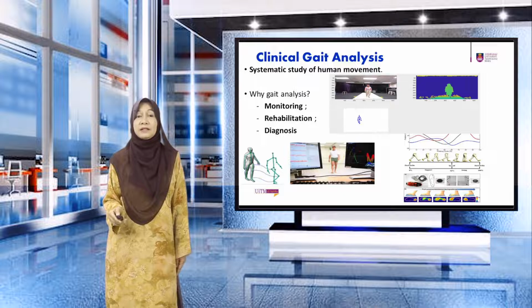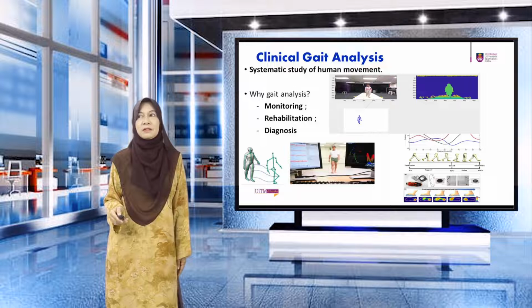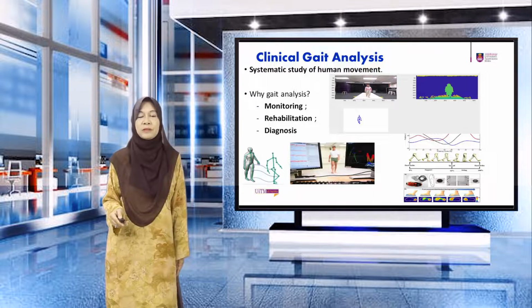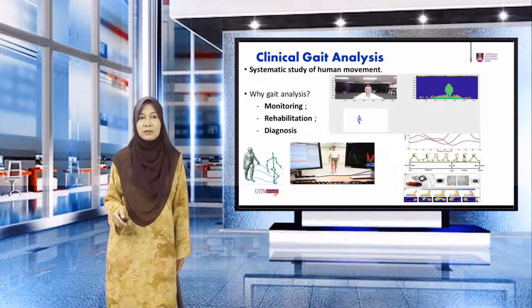Clinical gait analysis assesses the degree and extent of departure from the norm, how that changes based on the therapeutic intervention, and how it contributes to improvement based on the rehabilitation results.